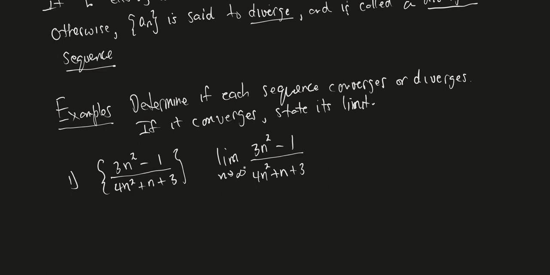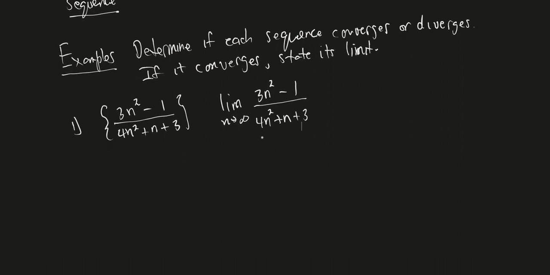So looking at this, this is the limit at infinity of a rational function. This one is a rational sequence, right? We have two polynomials and they're being divided. There are different things you could do. In fact, let me show you 3 ways you could essentially do this.